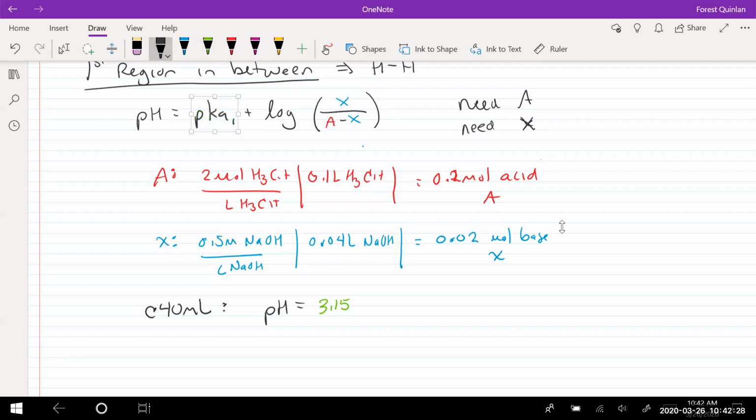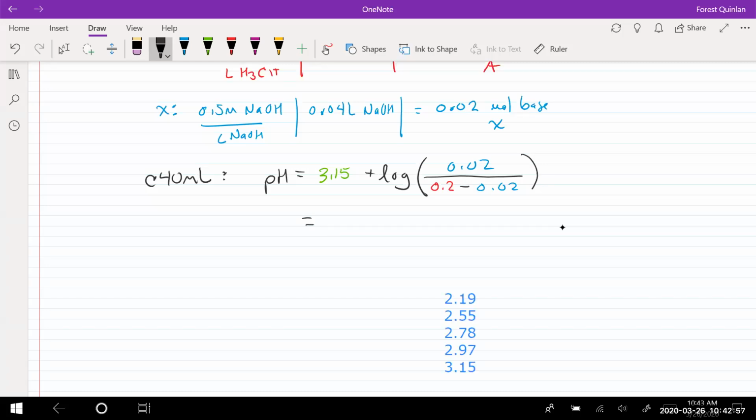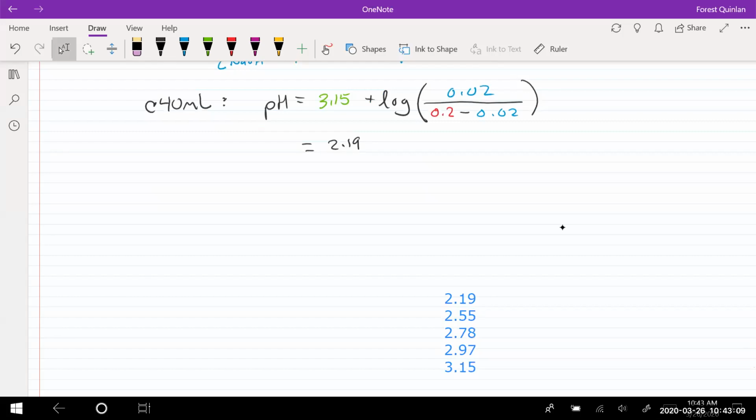Okay, it's going to be 3.15 plus log of 0.02 all over 0.2 minus 0.02. Check it. And that pH will be 2.19. Thank you, Dallas. I will do the second one just to show you.